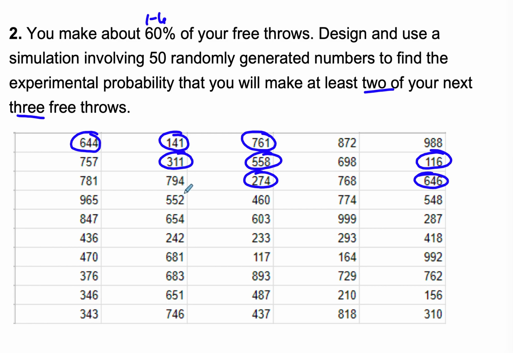No. Yes. Yes. No. Yes. All right, let's see. No. Yes. Yes. Remember that 0 doesn't count as being from 1 through 6. But the 6 and the 3 do. We need at least 2.